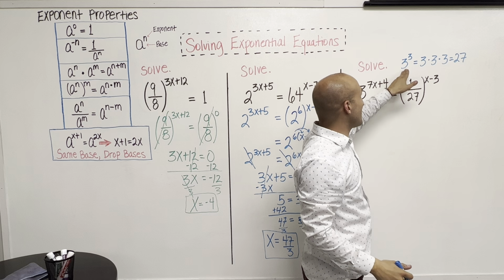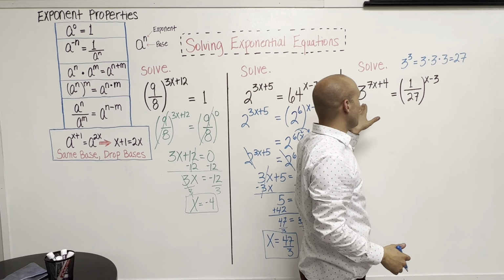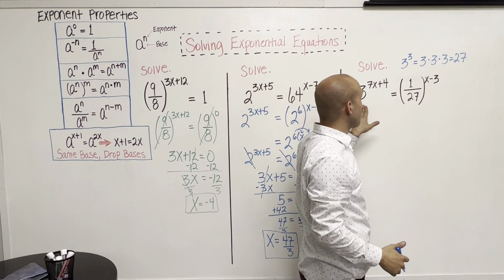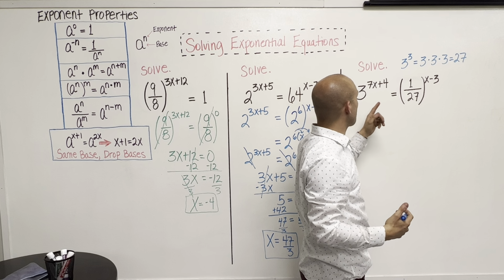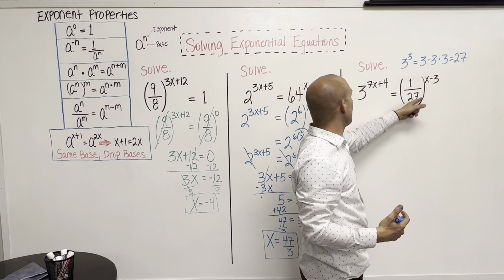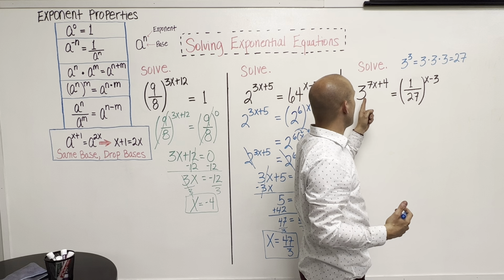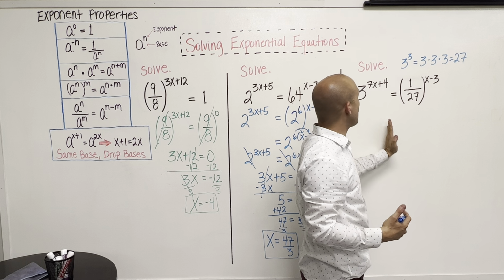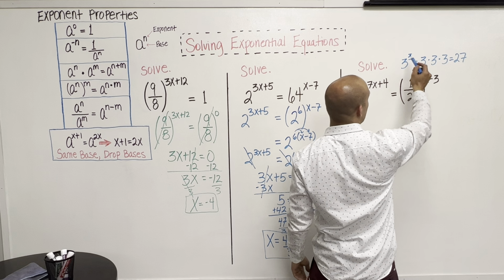Which is nice, because then that's the same base as the base that I have on the left side. So again, I like looking at the bigger number, focusing on the denominator here, and saying, can I raise 3 to the power of something to get that number? In this case, it would be to the power of 3.